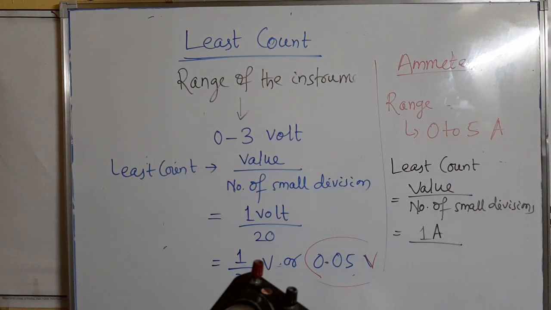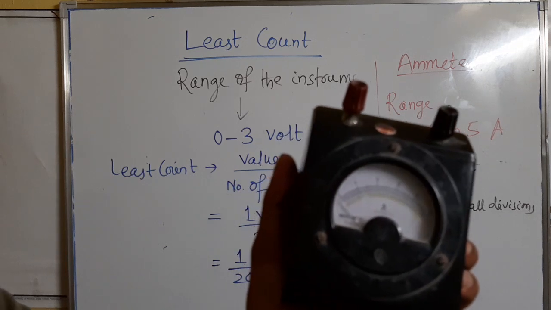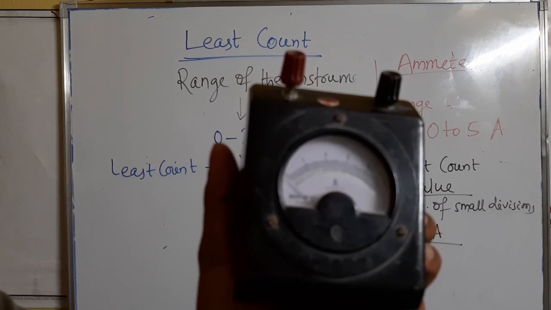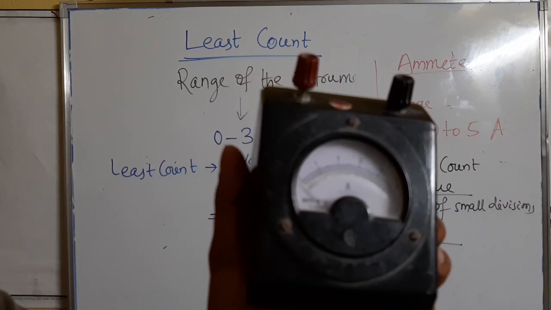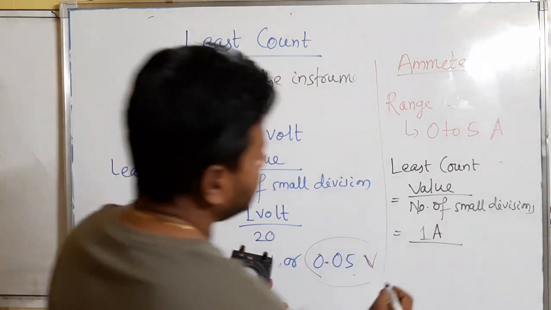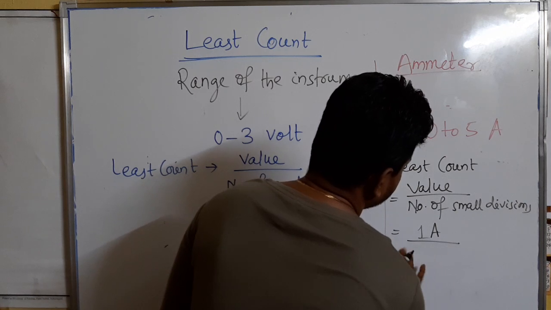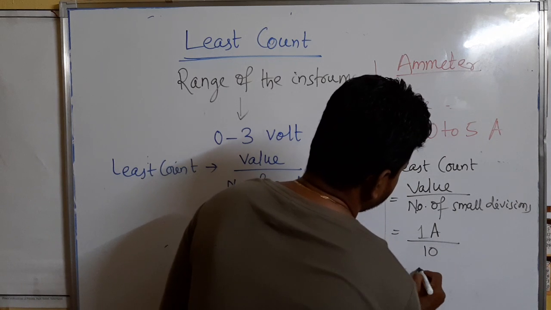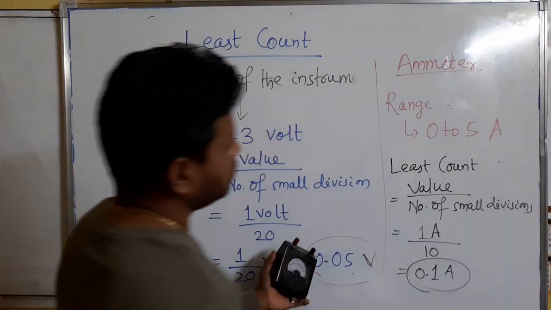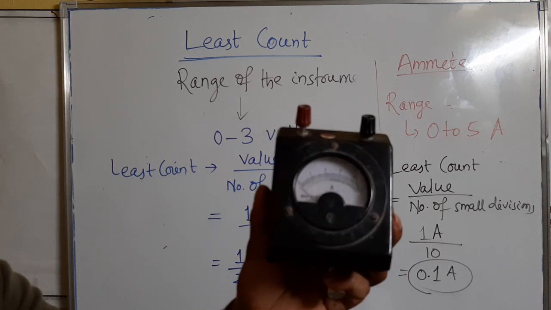If we count, there are 10 small divisions from 0 to 1, so I divide by 10, and it will be 0.1 ampere. So the least count will be 0.1 ampere.